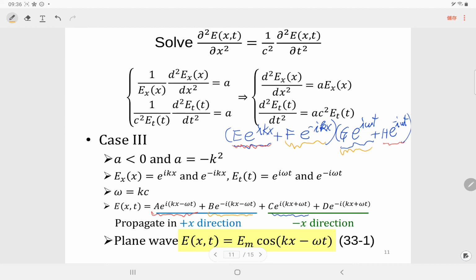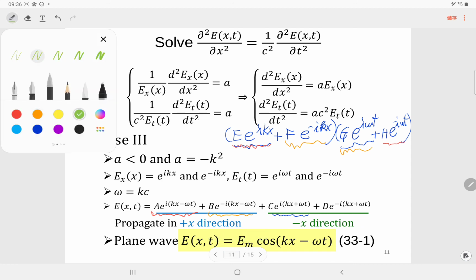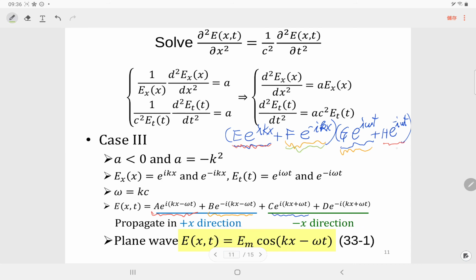Yes, right. So finally, we have this term multiplied by this term. So minus ikx minus i omega t. So it should be this one. So we have all things like this.